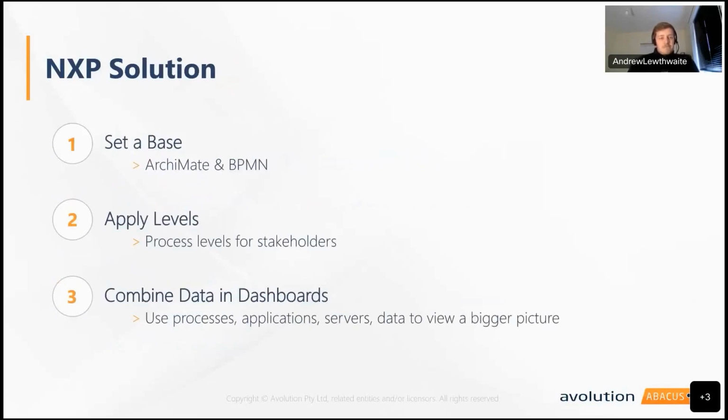So what they've done is they've actually set what we've called a base. And one of the reasons for this is that common language. For a lot of organizations, when they're modeling, whether it's from a business perspective, like I mentioned BizBook earlier on, or if we take an organization-wide view using something like Archimate, or again, maybe a more tailored specific view for certain users like BPMN for process modeling, there are a number of different notations and frameworks that can be combined to get to the same outcome.